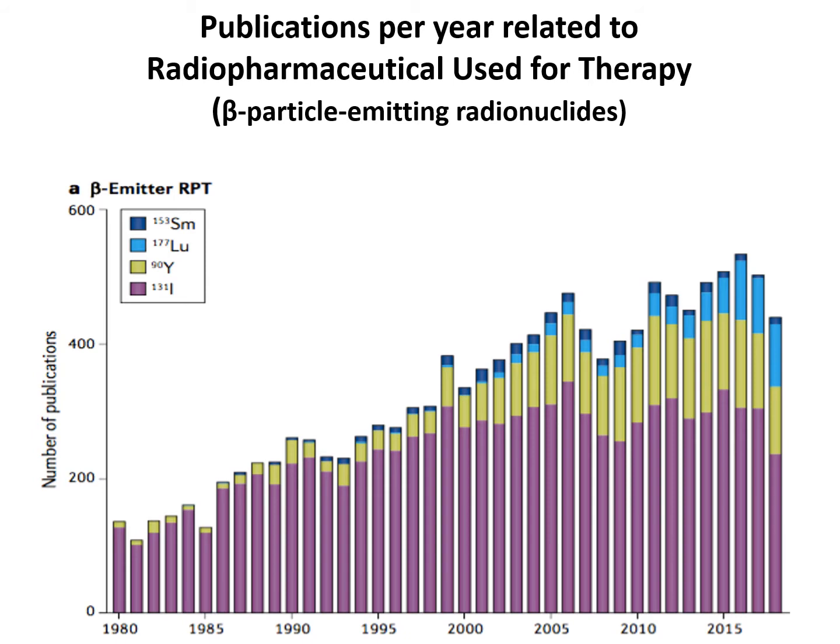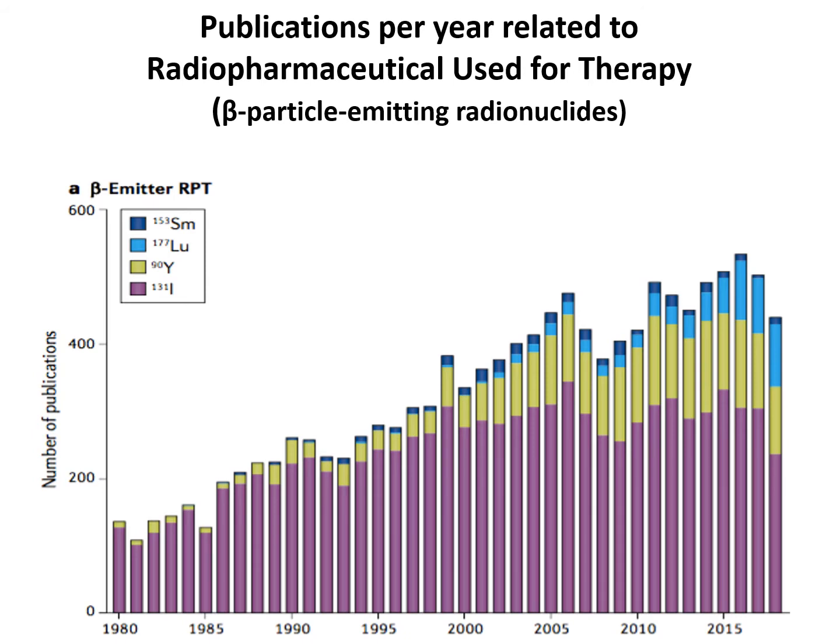The figure shows the introduction and expanded use of new beta particle emitting radionuclides for therapeutic use. For example, lutetium-177 was first described for use in 1991.